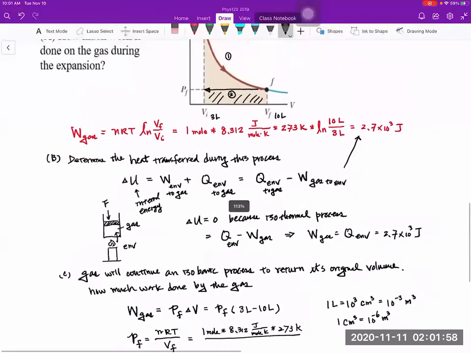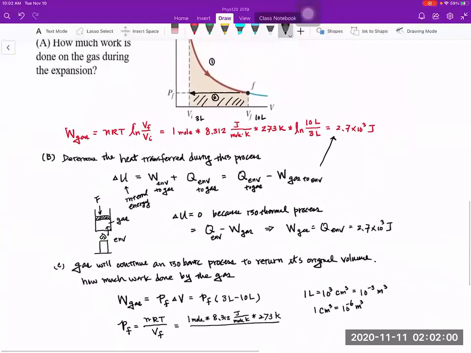Well, this is one of the things you have to be careful about. We are looking at this point here. We try to find the pressure at the final, and I know the temperature here is 273 degrees. But the temperature at this point would not be the same because they are not on the isothermal curve. This will be a new temperature.